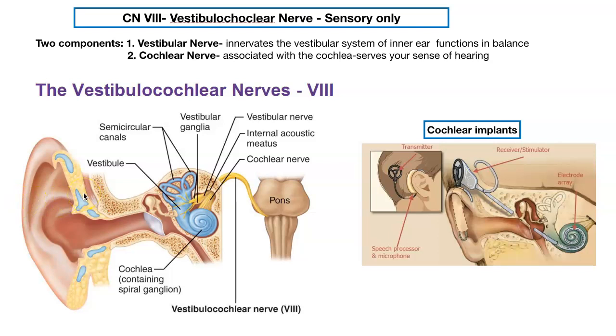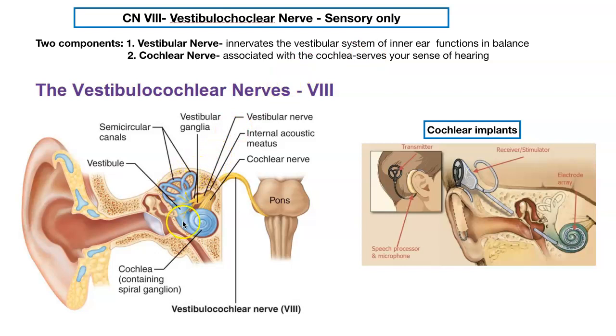Number 8, cranial nerve number 8, vestibulocochlear nerve. It's sensory only, and it actually is composed of 2 nerves. The vestibular nerve, that's the vestibulo part, innervates the vestibular system of the inner ear.